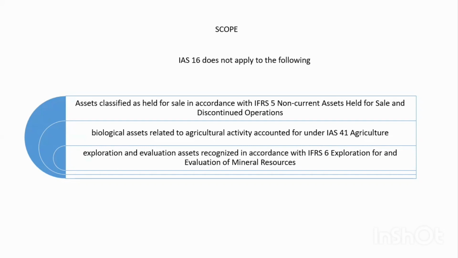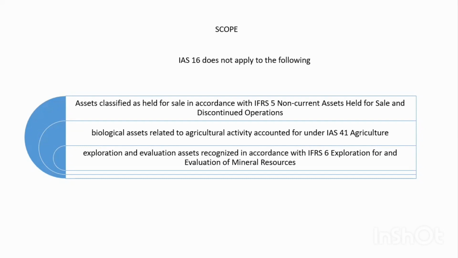So if an entity decides to sell a particular asset and the asset has been classified as held for sale, such assets will not be treated by IAS 16, but rather by IFRS 5. The second category of assets that will not be treated by the guidelines of this standard is IAS 41, agricultural products, biological assets.